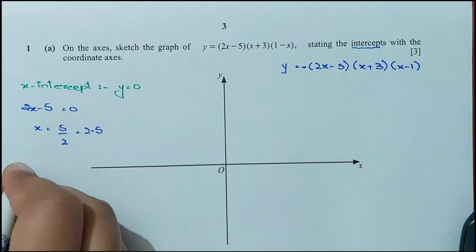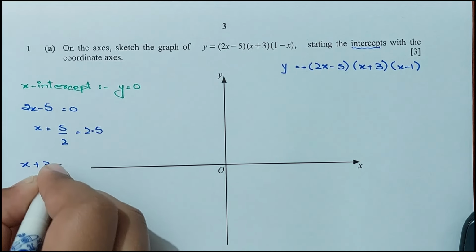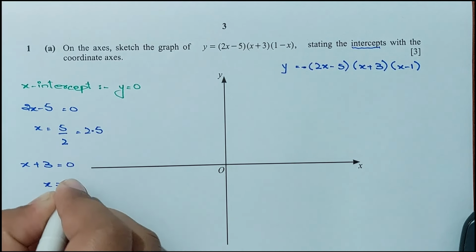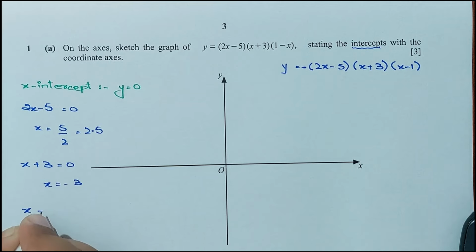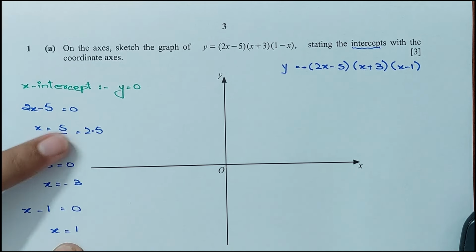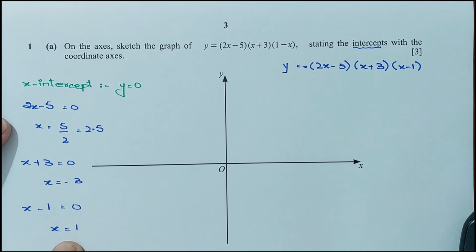The next one is x plus 3 equals 0, and from here x equals negative 3. The last one is x minus 1 equals 0, so x equals 1. So x equals 1, 2.5 and negative 3 are the x-intercepts.